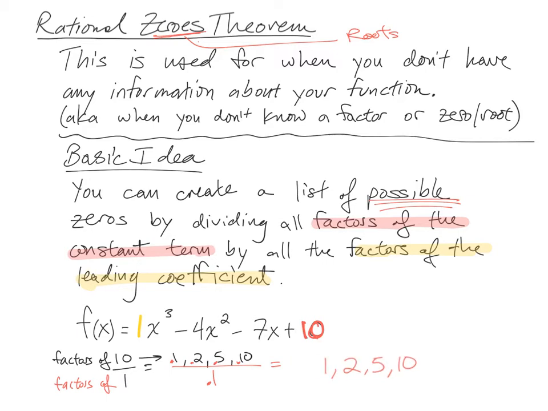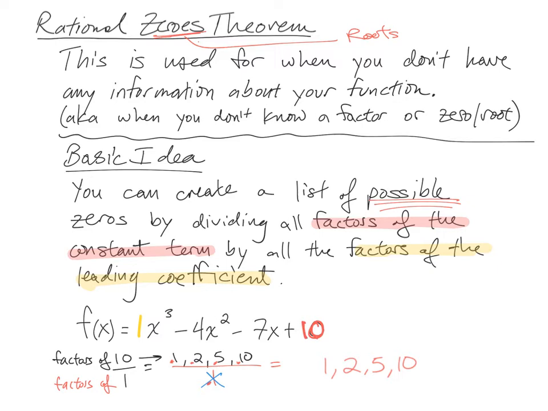I wanted to move it over just a little bit, so I did. If you have more than one factor in the bottom, like this 1, I would cross this out and I would start dividing again. You'll see what happens in a later example. But that's it. I divided everything in the numerator by each factor in the denominator, and we're done. There are no more factors in the denominator, so this is my complete list.